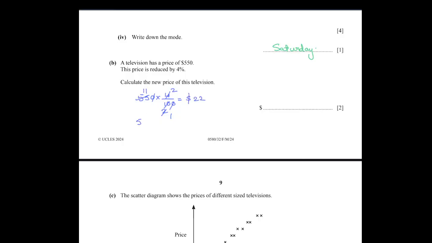So 550 minus 22 will be the answer, 528. $528 will be the new cost of the television.